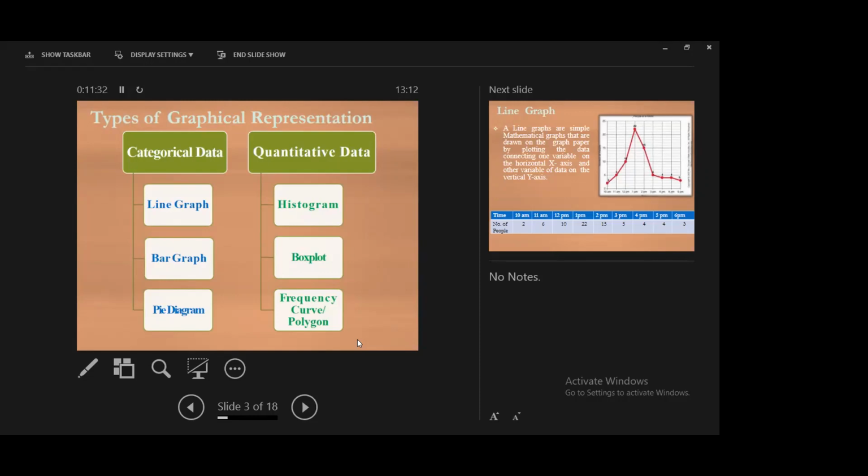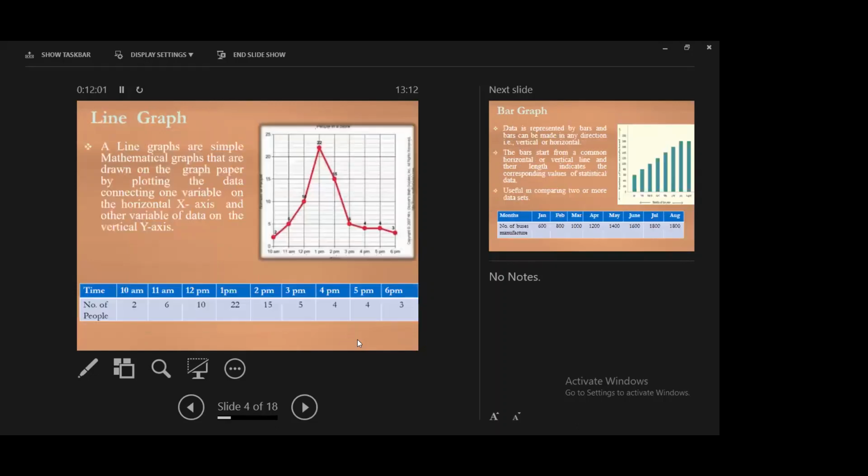What all these graphs are about, I will discuss in detail as we move into the slides later on. Likewise, for quantitative data, we can plot histograms, box plots, frequency curves, frequency polygons, and then there's the stem and leaf plot. As we go ahead during this lecture, I will discuss what all these graphs are about. So first we start with the first type of categorical data graph, that is the line graph.